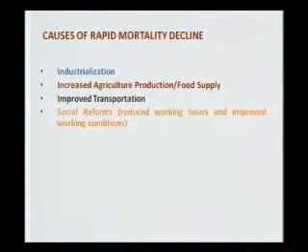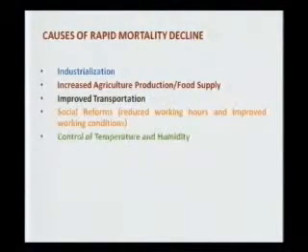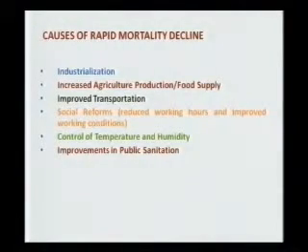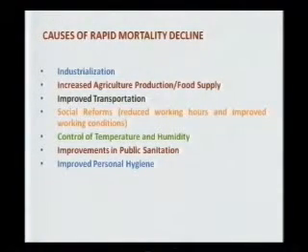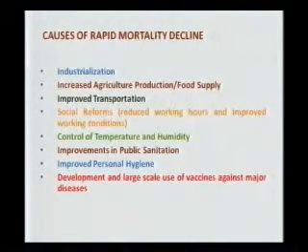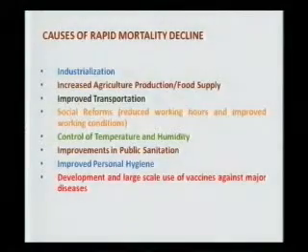Improved transportation was another one. Social reforms reduced working hours and improved working conditions, control of temperature and humidity, improvement in public sanitation, improved personal hygiene, and development of large-scale use of vaccines against major diseases. So because of these, there has been a rapid decline in mortality.